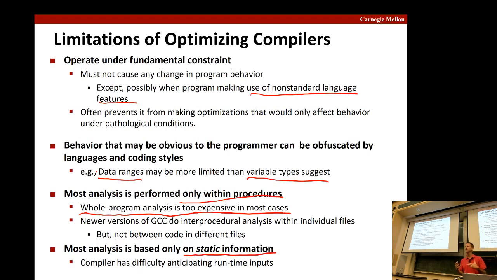Now, I qualify that a little bit because we have just-in-time compilation techniques that will try to make use of information it learns about, say, the arguments to a procedure as things are running, and re-optimize on the fly. But the standard approach, particularly for languages like C, is strictly based on static information. It's what the code is on the page without executing anything. And again, when in doubt, the compiler must be conservative. Can't make things wrong.